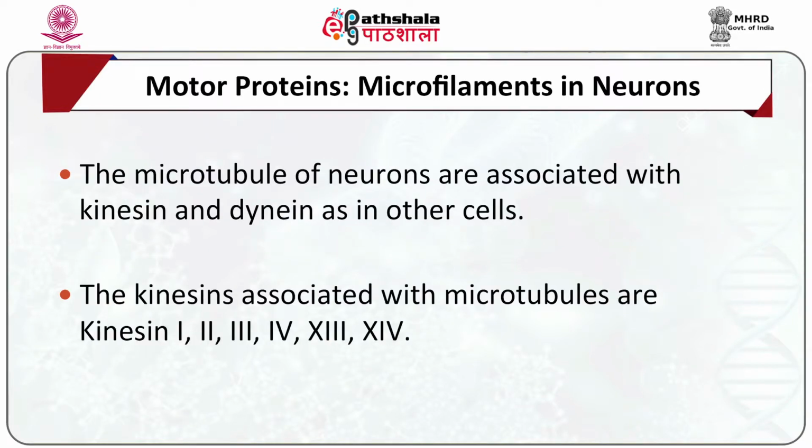The motor proteins associated with microtubules in neurons are the kinesin and dynein as in other cells. The kinesins associated with microtubules are kinesin 1, 2, 3, 4, 13, 14, and they help in both anterograde and retrograde movement.